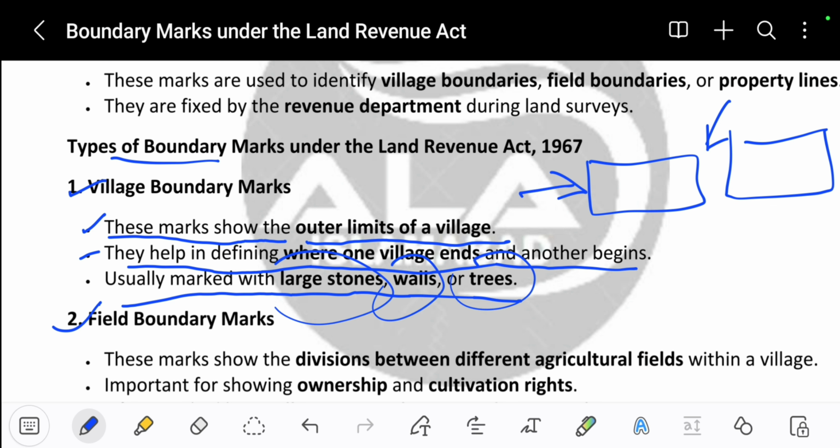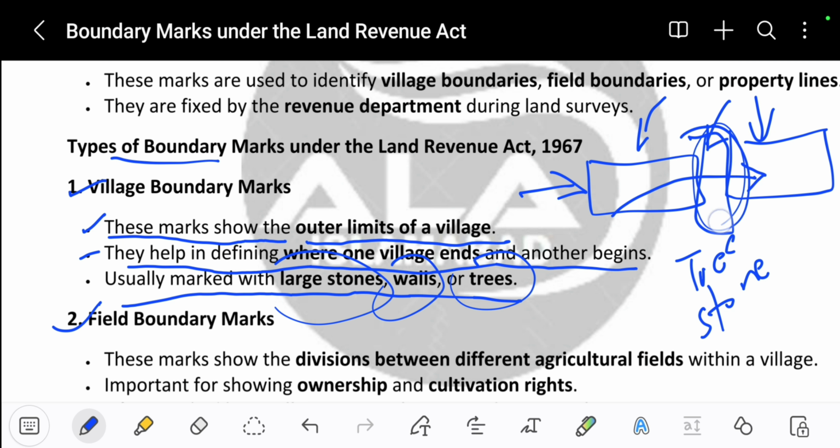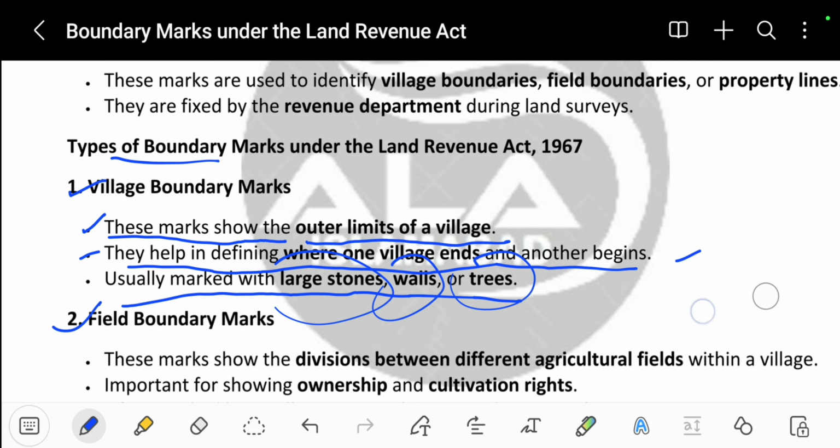Obviously in villages you can't find a permanent wall built between these lands, but you will find trees or stones, because the owners don't want their lands to be mixed up with the other person's land. So they just put some stones or big rocks so that their land can be seen as separate. This is how it is done in villages.